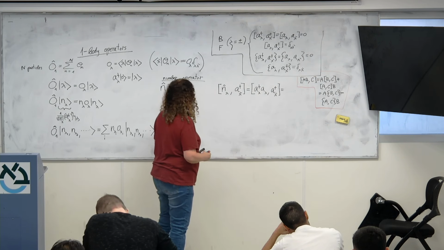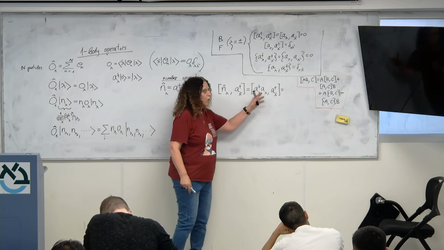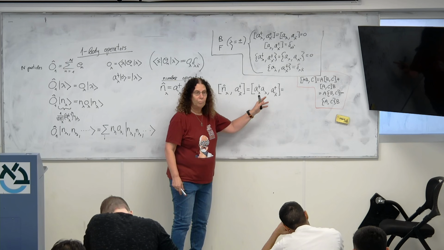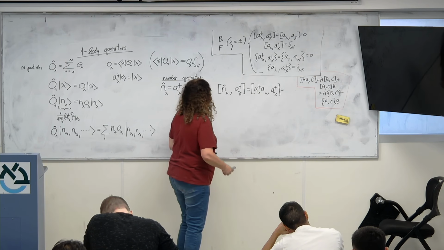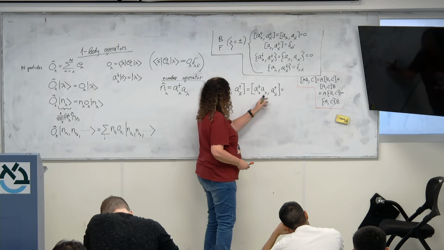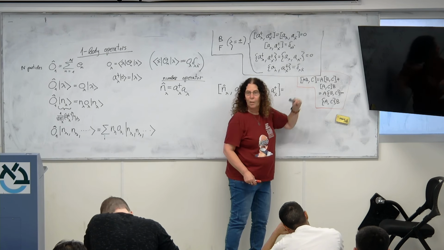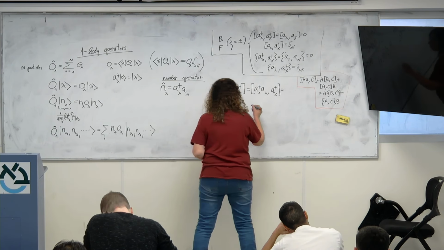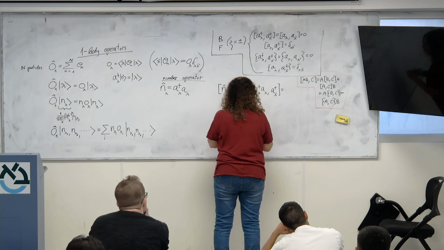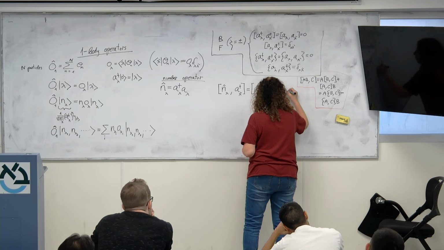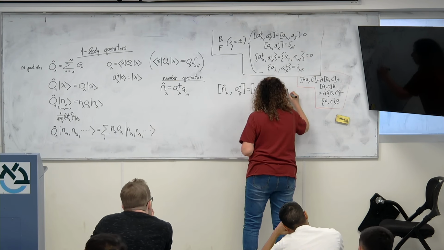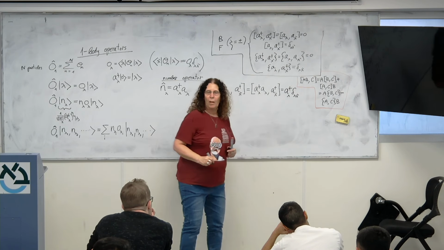You can easily see that for both bosons and fermions, the only contribution will come from the first term, and it will give me simply a_λ† times the delta of λ and λ'.